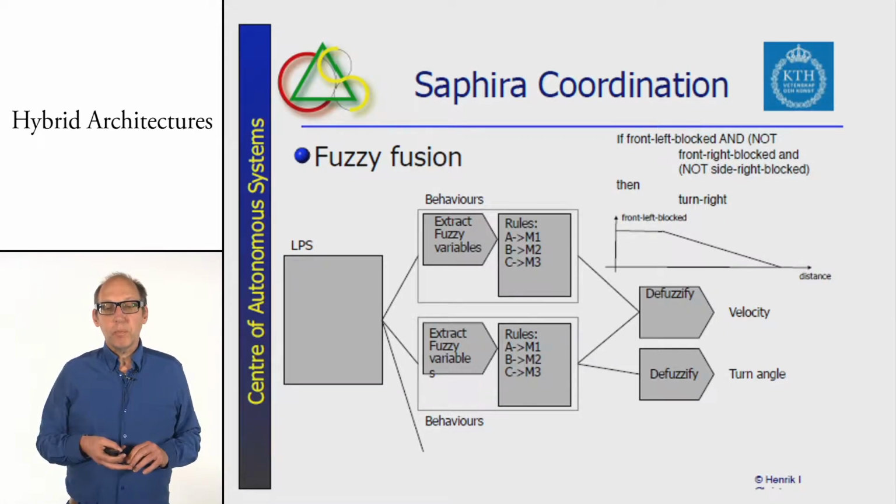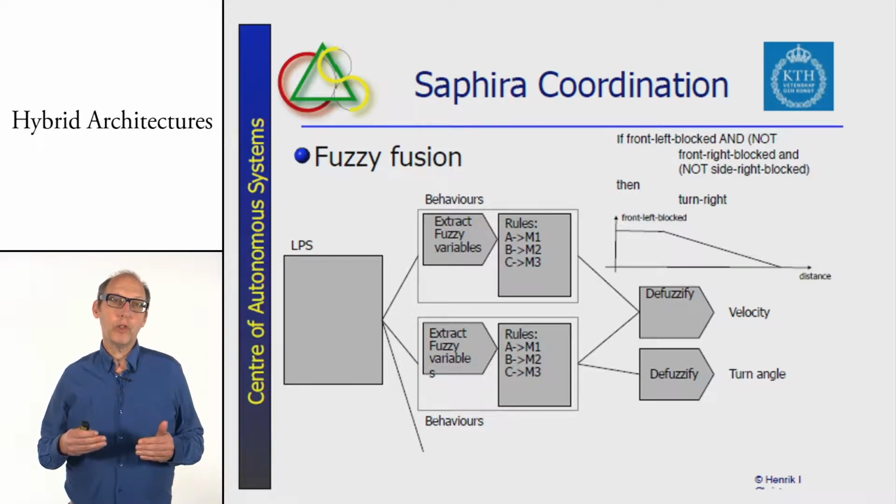What is special about the Saphira coordination is that they used not fixed rules but fuzzy rules. You first translate all the percepts that you see into fuzzy membership.